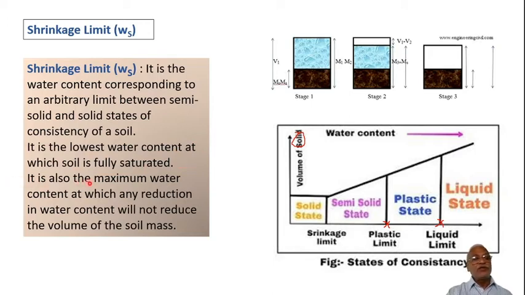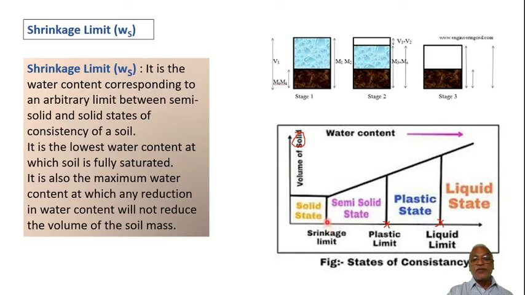Now, it is also the maximum water content at which any reduction in the water content will not reduce the volume of the soil. Look here, at this particular point, if you increase the water content, there won't be any increase in the volume, right? Now, if you take any point here, if there is a reduction in the water content, there will be a reduction in the volume.